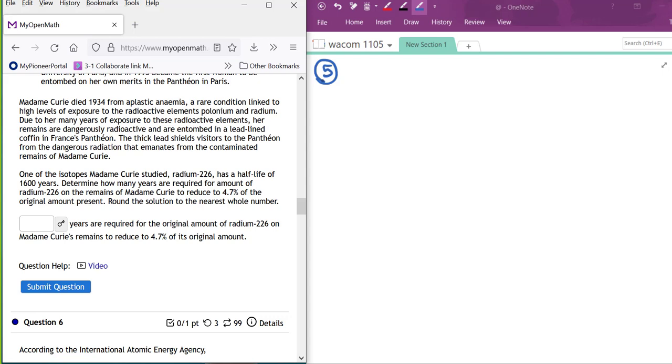Right, so down here is the problem. One of the isotopes Madame Curie studied was radium-226. Right, this 226 is not a number that's going to have anything to do with your problem. That's part of the isotope name. It has a half-life of 1600 years, so we're going to need that part.